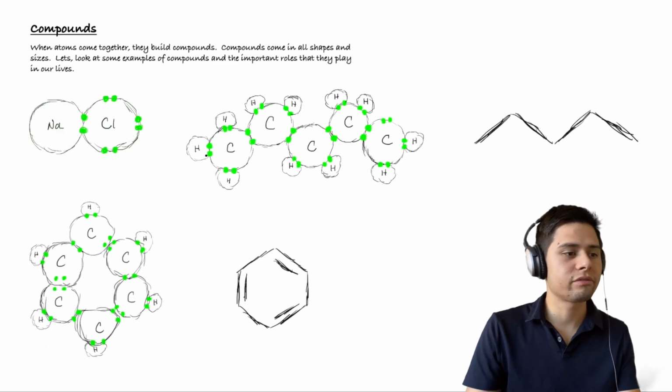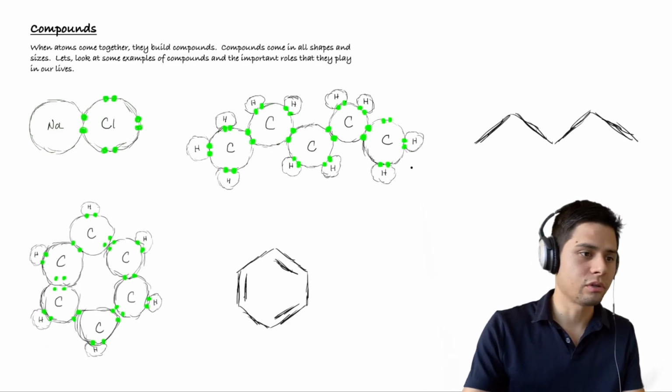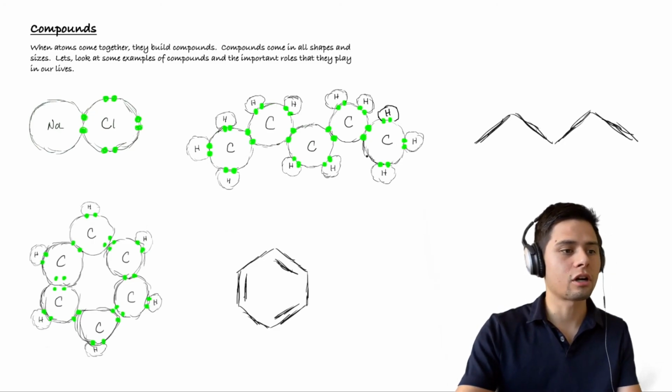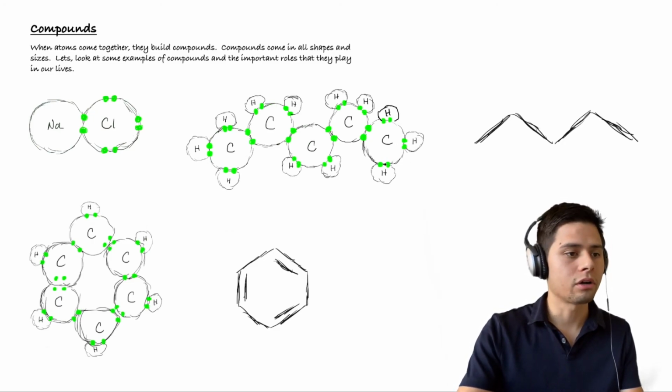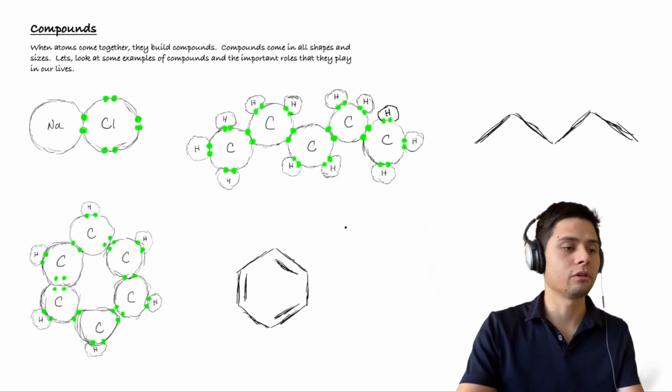This is a standard 5-carbon chain molecule where we have 5 carbons, and attached to these middle carbons are 2 hydrogens, and attached to the end carbons are, I forgot to add another hydrogen in here. There's a hydrogen right there. Attached to the end carbons here are 3 hydrogens. And this has to do with something we'll call the octet rule, which we'll go into a little bit later.